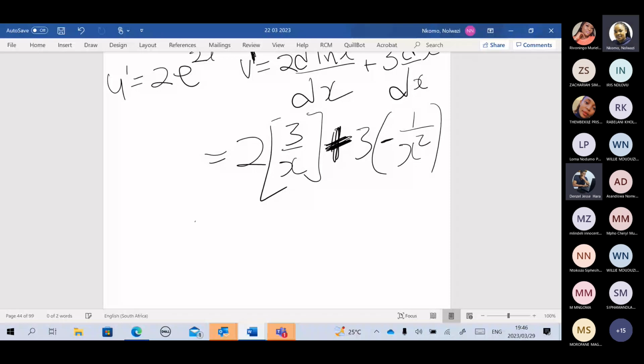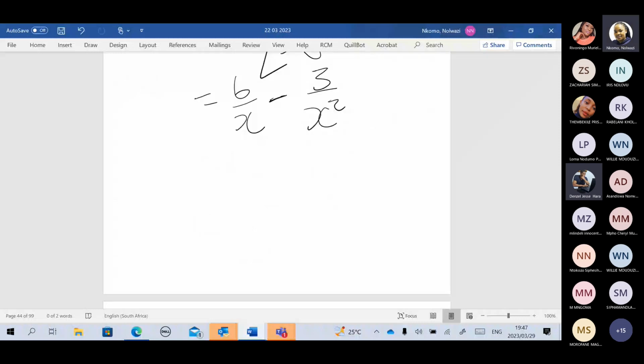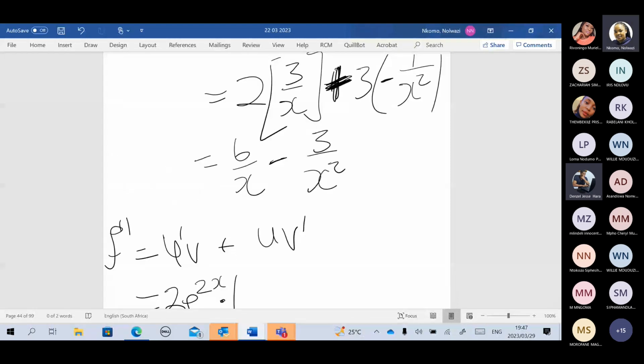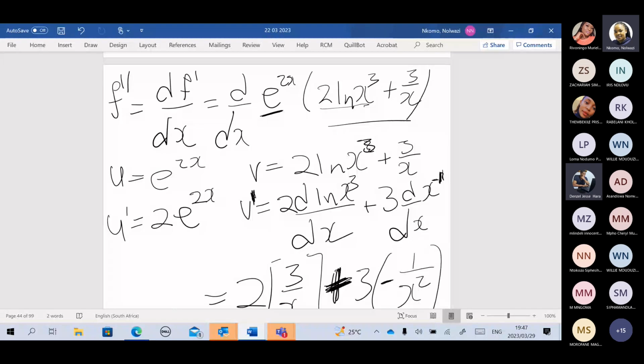Okay. We have f double prime as u prime v plus u v prime. Our u is e to the power 2x, and the derivative there is 2 e to the power 2x times v. We said v is 2 ln x cubed plus 3 over x, right?